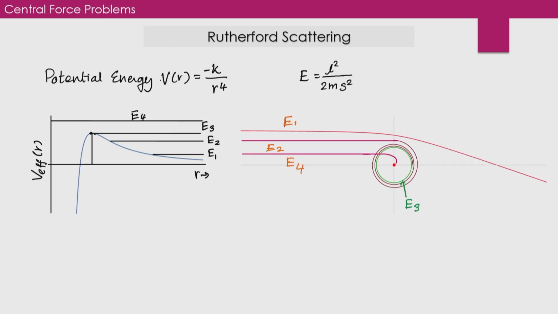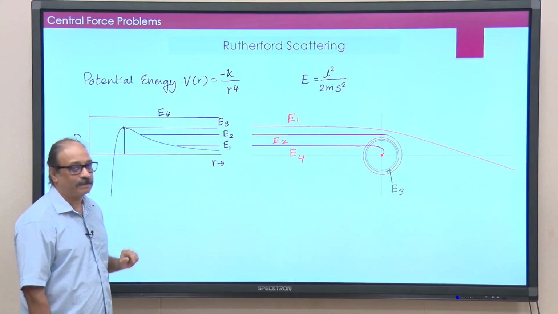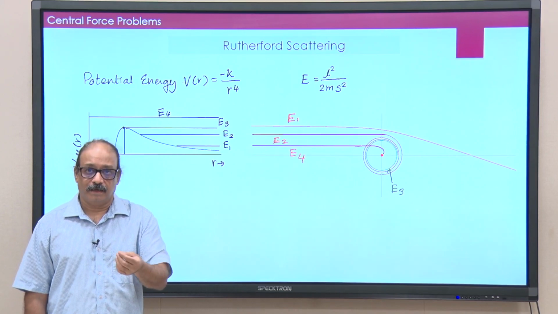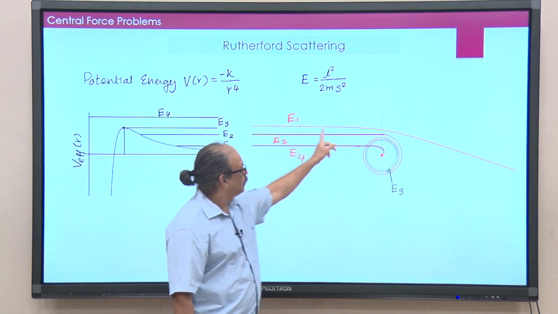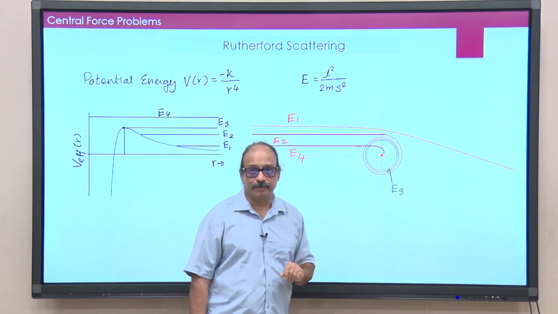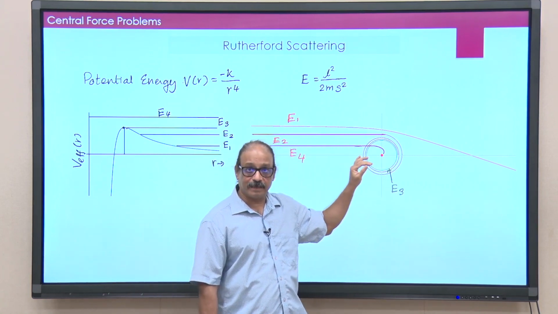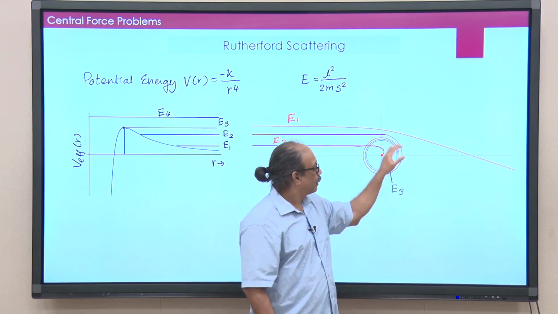Now, if I take the energy E1 which meets this graph here, what is likely to happen? The particle comes as close to the origin as possible. The E1 trajectory is here, somewhere here there will be a point of minimum, and then it gets deflected, but it has enough kinetic energy that it turns around in the radial direction and starts going away.